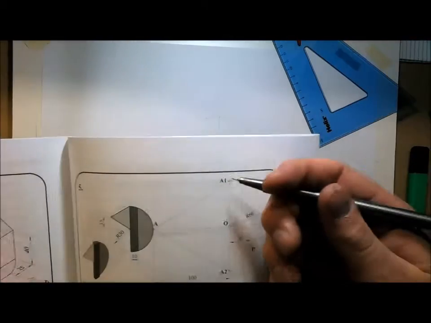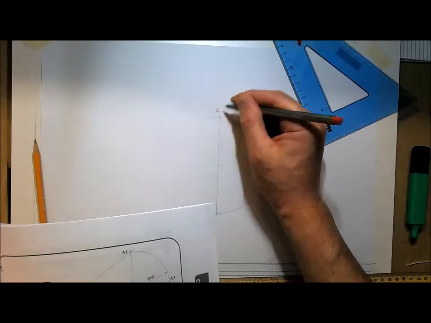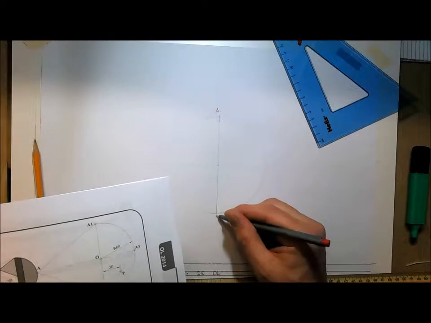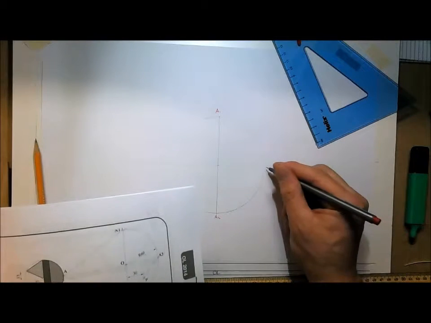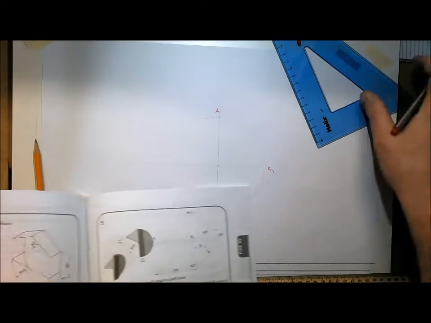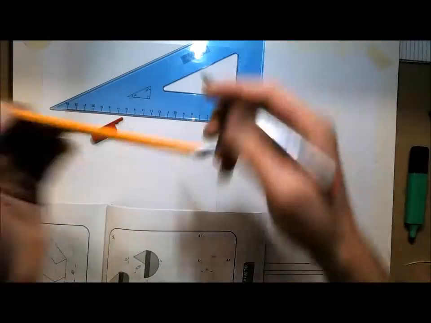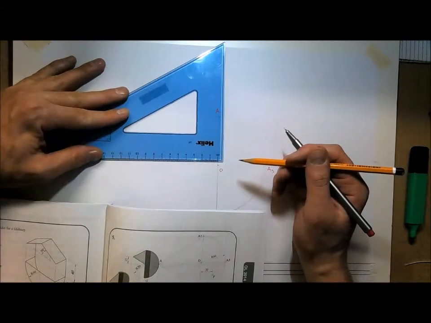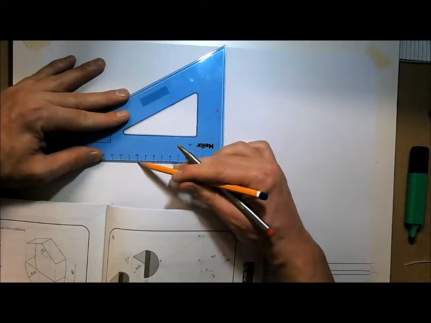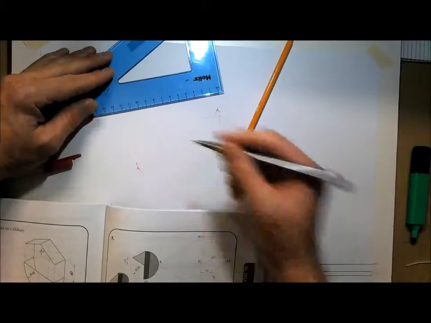Looking at the drawing, we've got A1, A2, A3, and we need to get A, which is 100 over from O. Okay, so that is A.